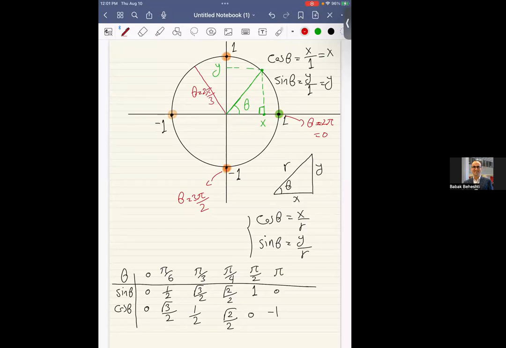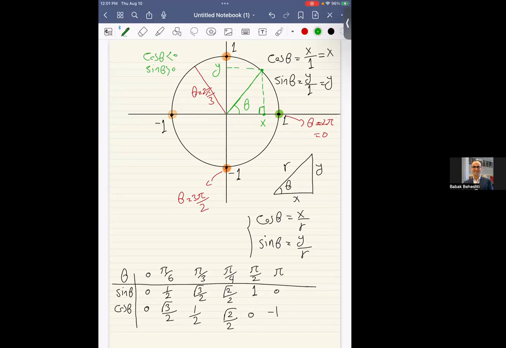So this is located in the second quadrant. In the second quadrant, x is negative, y is positive. So in this quadrant, cosine is negative, but sine is positive.